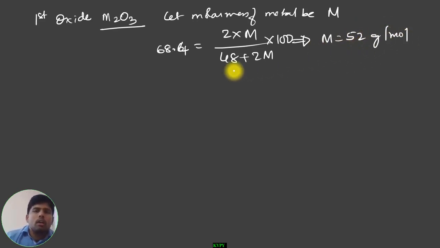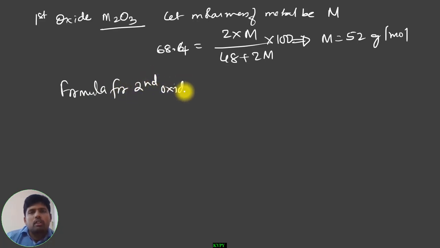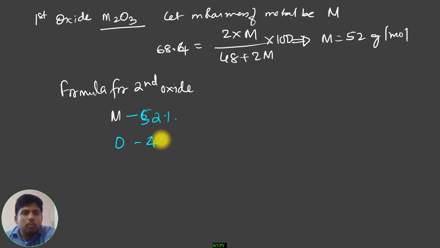If M is 52 gram per mole, then we can easily calculate the formula for the second oxide, because the percentage is known and the molar mass is also known. So the percentage of M is 52% and oxygen is 48%.